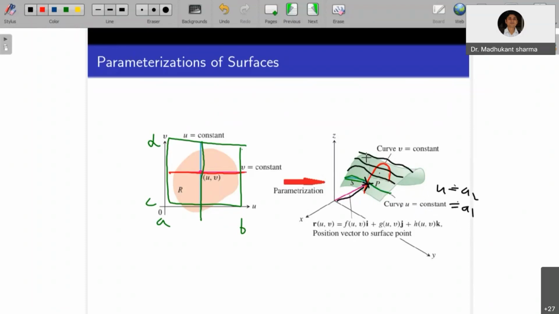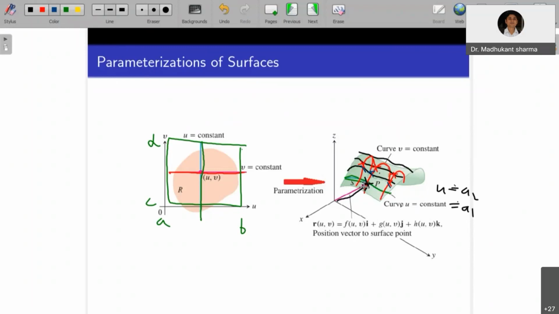Similarly, v equals to constant will give you curves like this. Their intersections will identify these vectors R, which will identify completely the surface S.